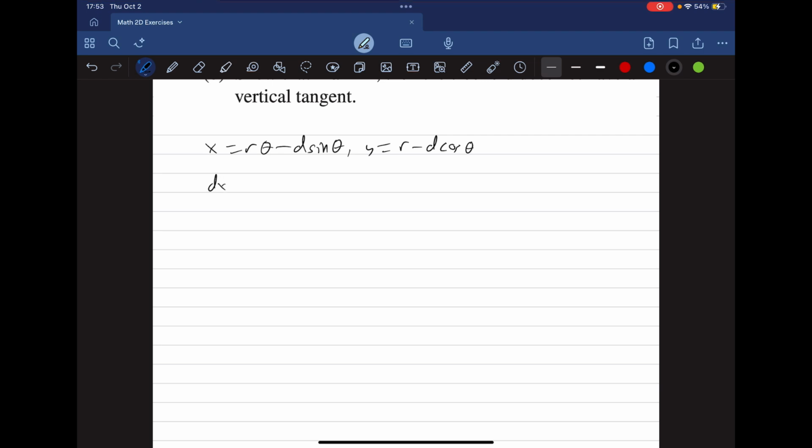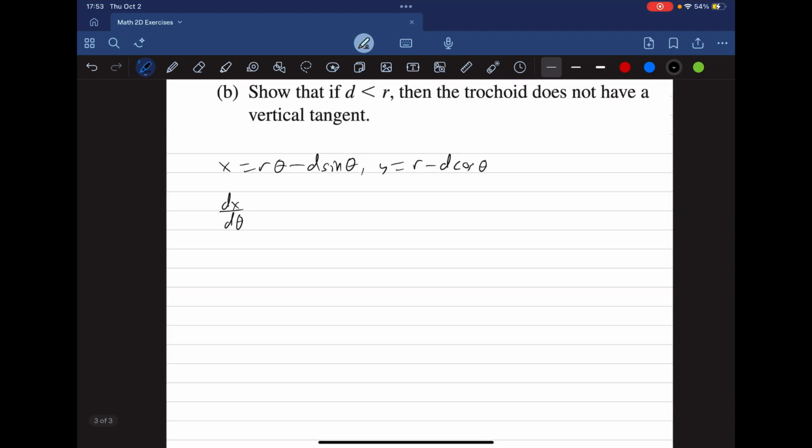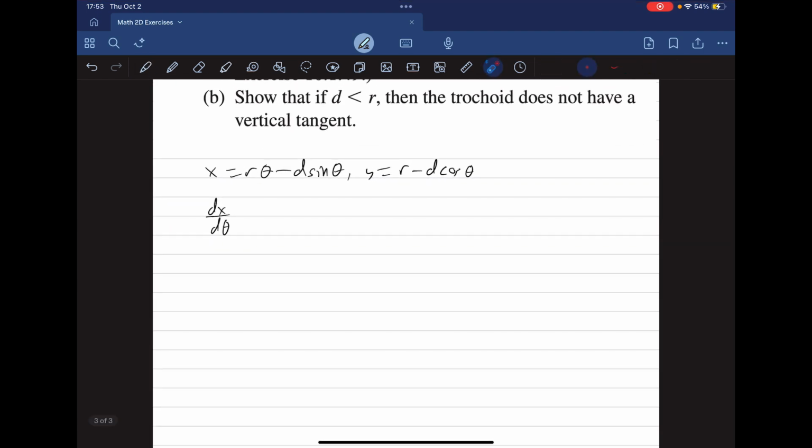Computing the derivatives, we see that dx/d theta, now notice that I'm differentiating with respect to theta because that's the parameter in our parametric equations. So taking the derivative with respect to theta, the derivative of r theta is just r, and when we take the derivative of sine, it becomes cosine theta.